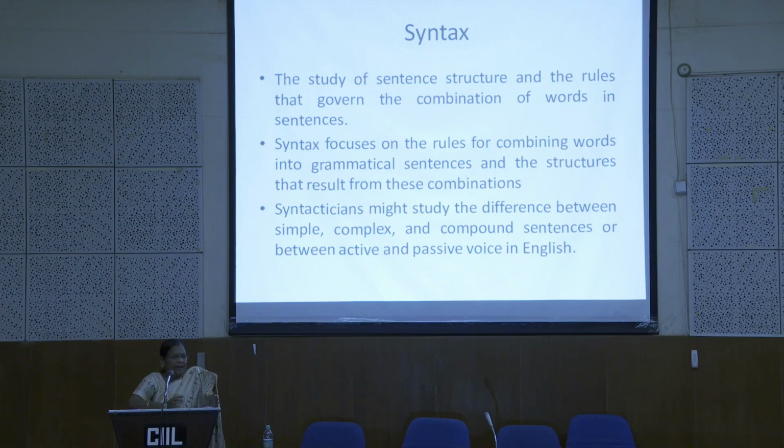And you may classify sentences from the preliminary classes. You might have studied simple, complex, compound sentences. Apart from that, you might have studied what is a phrase, what is a clause, all those things. Why do we have to study all those things?